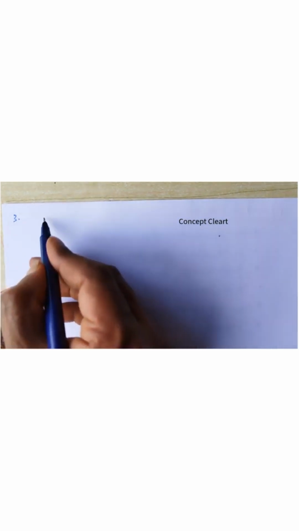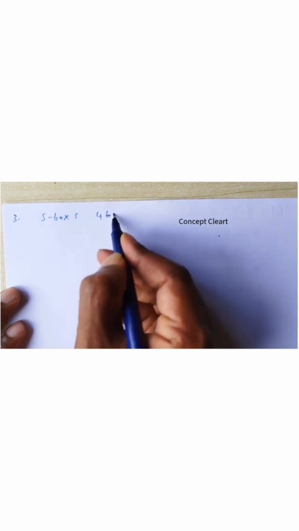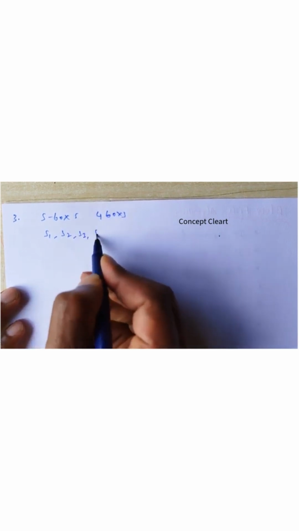Along with the key, the S-boxes, substitution boxes, are also divided. In the third step, along with the keys, the S-boxes are divided into 4 boxes: S1, S2, S3, S4.